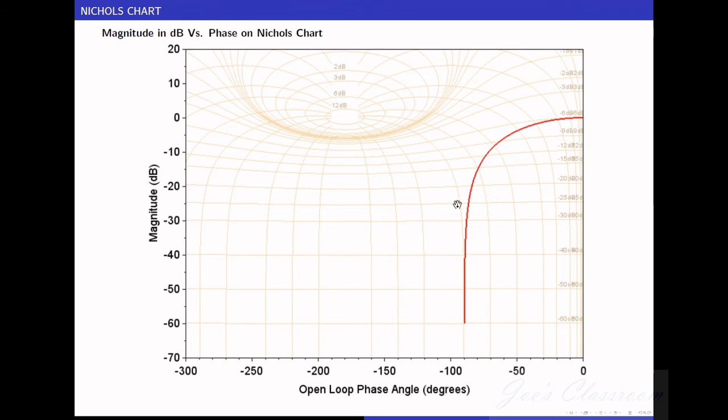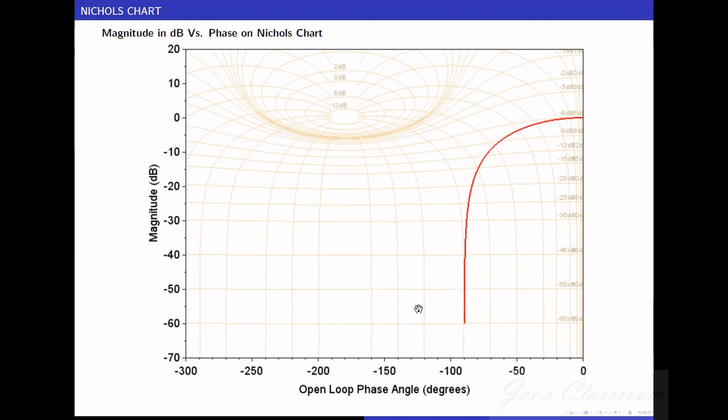Usually this particular plot, that is magnitude in decibels versus phase angle, is plotted on a chart. This chart we call the Nyquist chart. The Nyquist chart contains many circles, the M circles and N circles. We'll study them later.